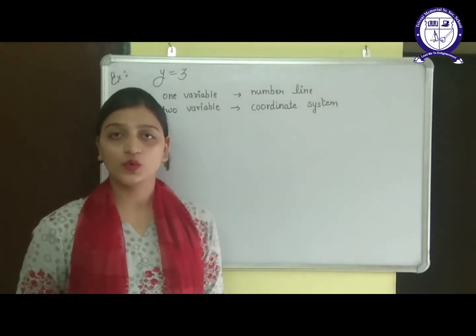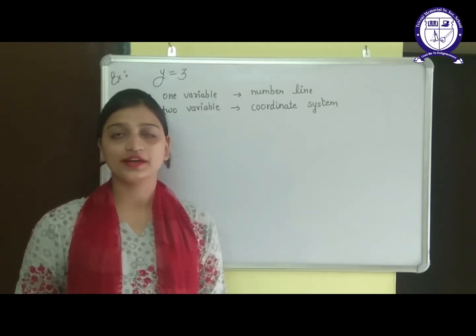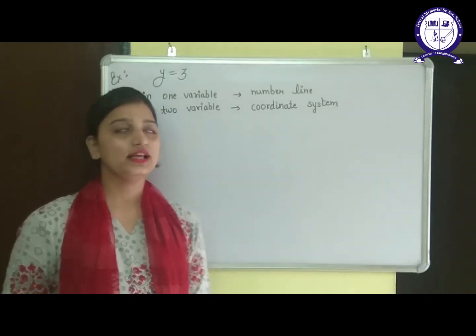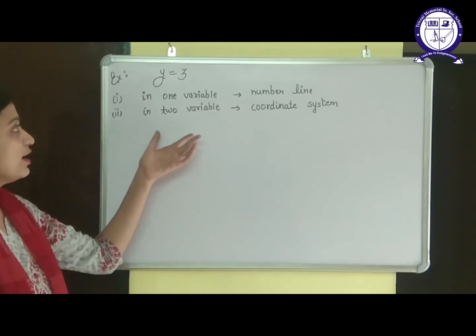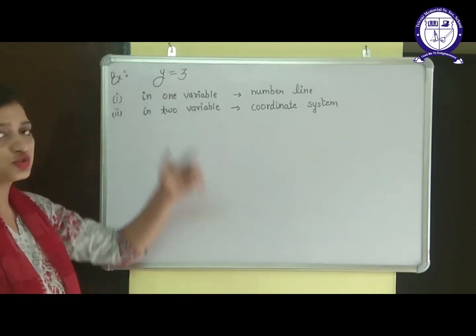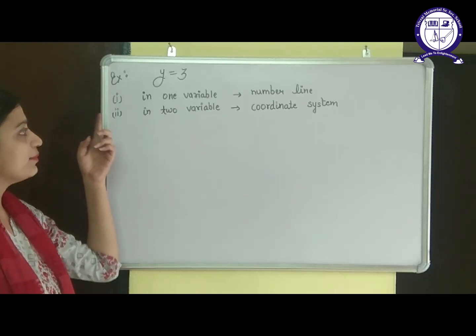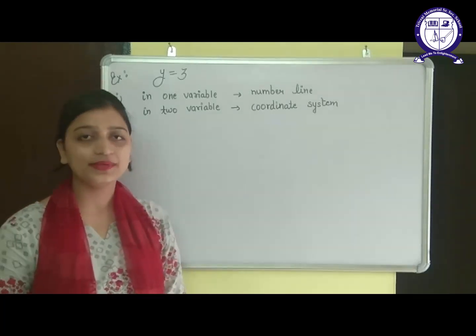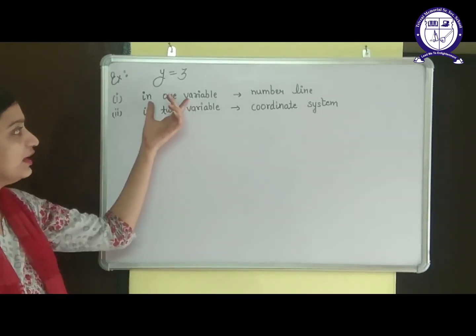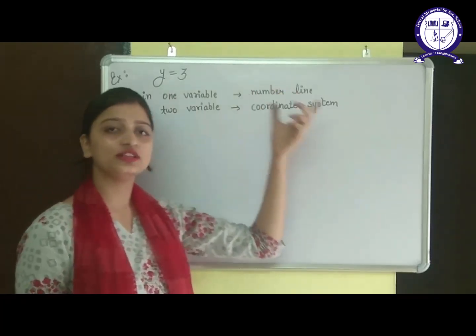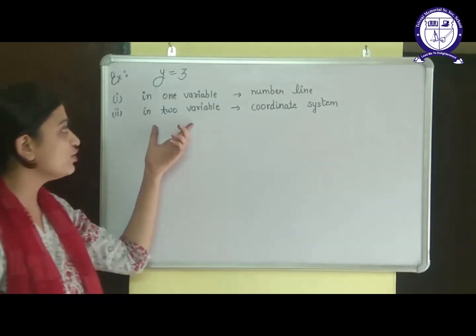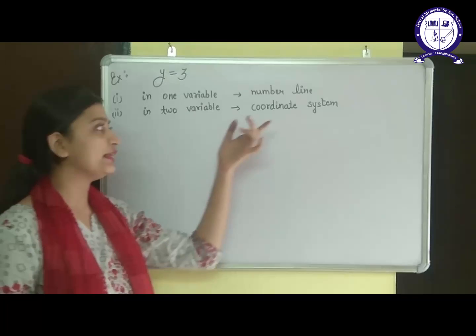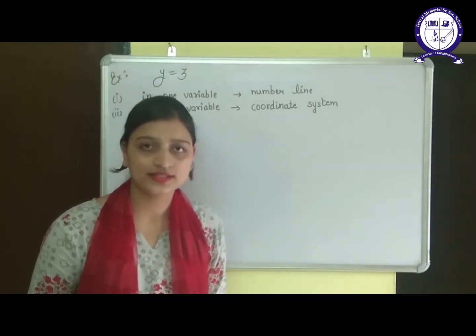Now coming to one more type of question based on graphical representation. Represent y equals to 3 in one variable and in two variables. In one variable, it means represent on the number line. In two variables, it means represent in the coordinate system.